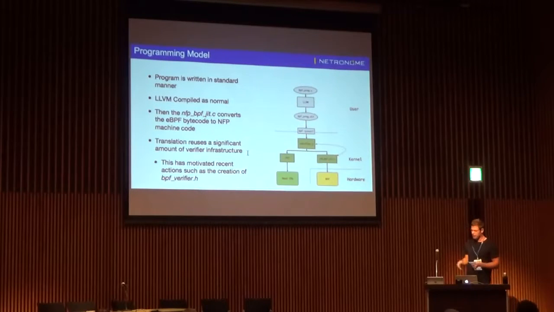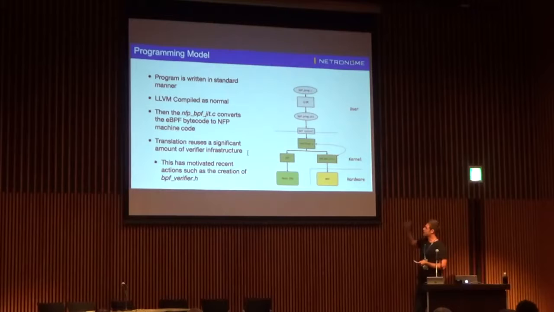My final bit is just to quickly show the programming model. This has been mentioned by, I think, Daniel, and by loads of guys this week, so I'm not going to dwell on it. Jakub will go into the details in a sec. The key thing is that it's the same path all the way through to the verifier. Then we just have our own NFP BPF JIT.